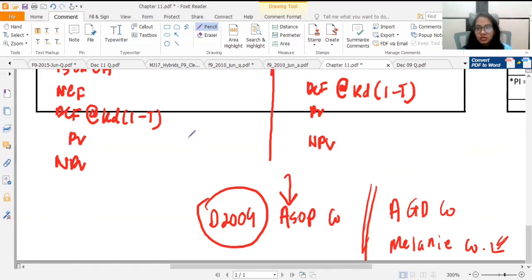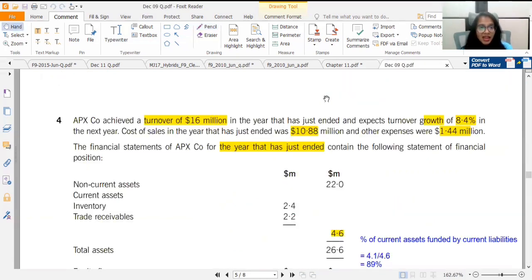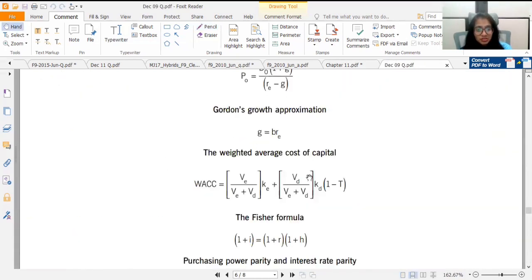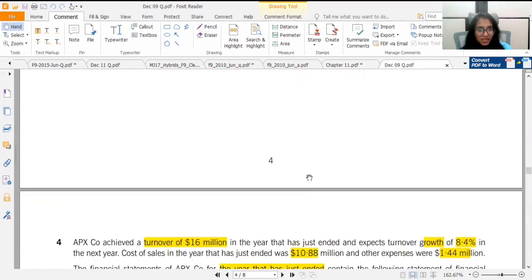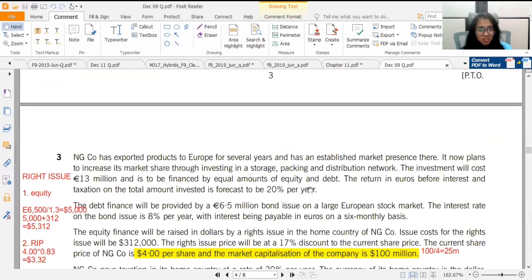Those are the two things that you want to consider. Now, I'm going to move to December 2009. Guys, I have included this question as part of your compilation. So you can look at it from there, in your past year compilation.